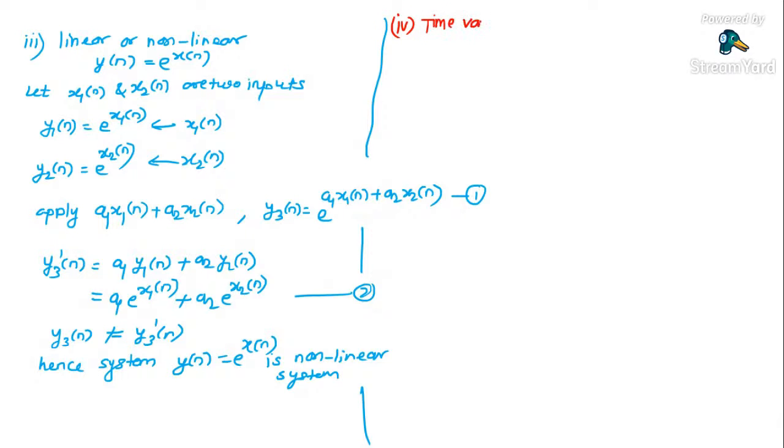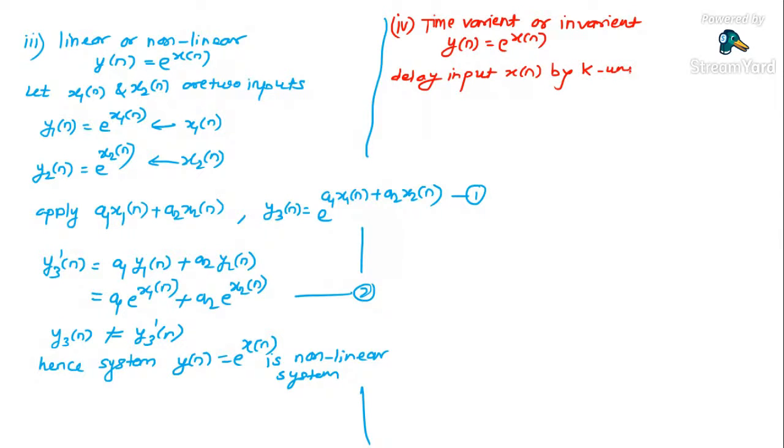Time variant or invariant. Now what you have to do, what is the equation? Y of n is equal to e raised to x of n, correct? Now first of all, delay the input x of n by k units.